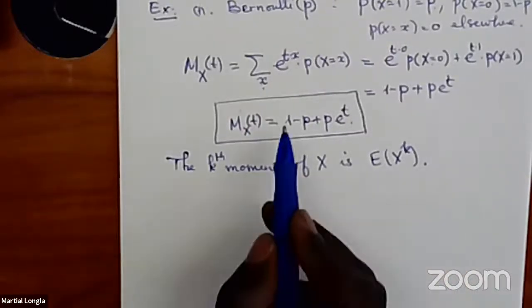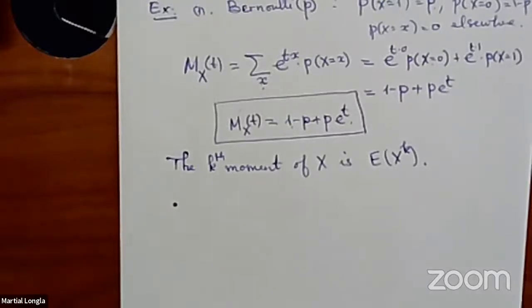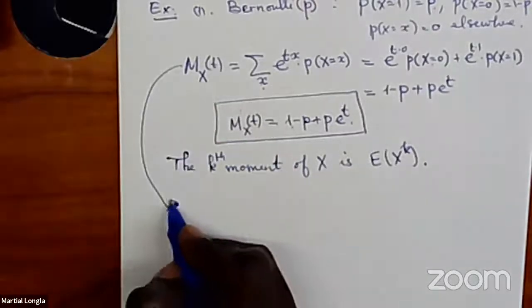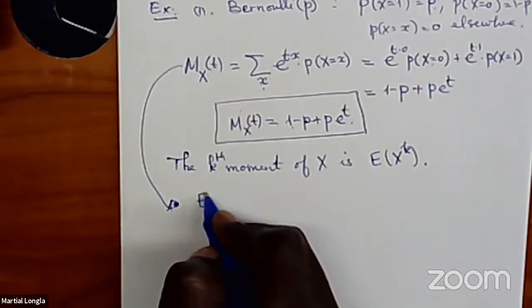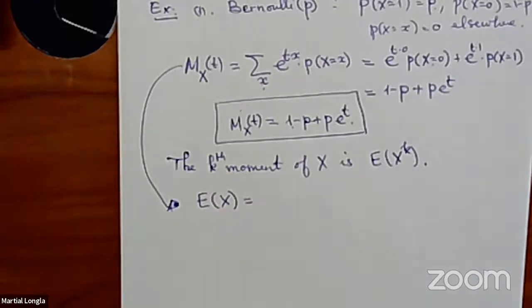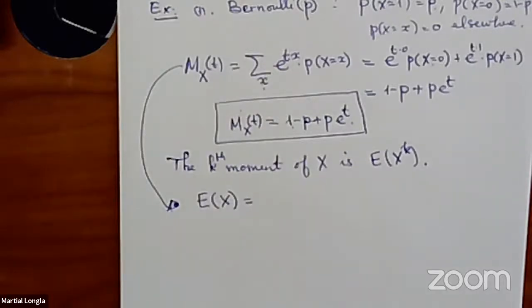Now, in this example, I want to find the expected value of X, for example. I can use the definition to find it, right? But I just want to use the moment generating function to show you how we get that.